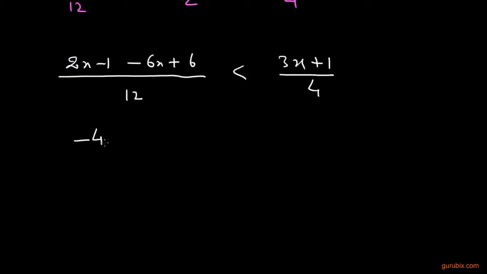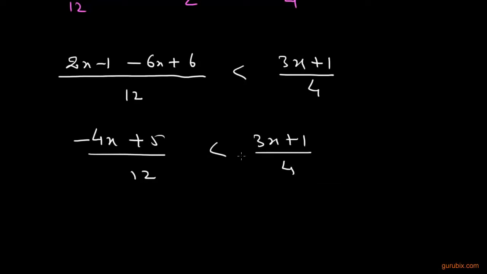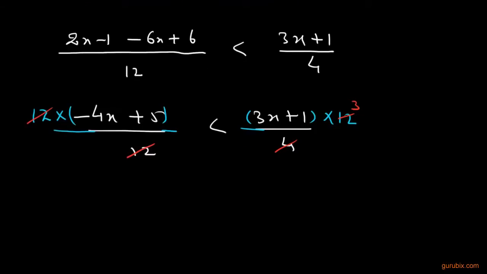Then it will be (minus 4x plus 5) over 12 less than or equal to (3x plus 1) over 4. And we know that we can multiply both the sides by a positive number without changing the sign of inequality. So we shall multiply by 12 on both sides. We can cancel out this 12, and this 4 with 12 gives 3.